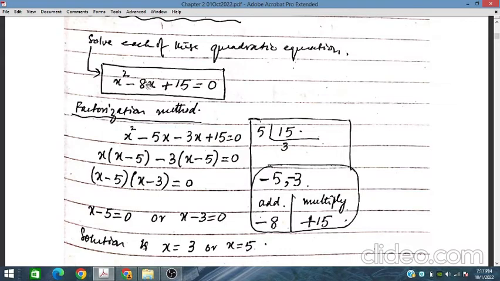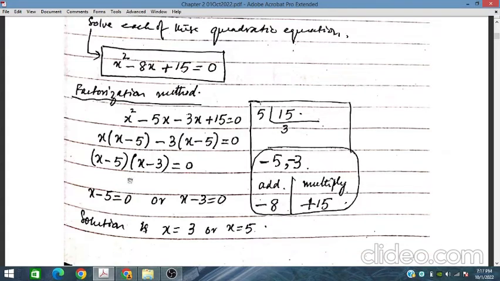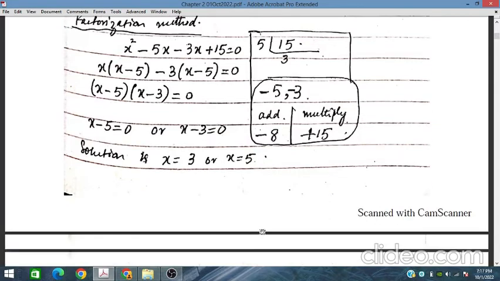So this 15 has to be divided such that when we multiply the two numbers we get 15, and when we add we get minus 8. There are two possibilities, 5 and 3, or minus 5 and minus 3. By addition we get minus 8, and by multiplication we get 15. This way we have obtained this, and by taking out the common factor we have obtained x is equal to 3 and y is equal to 5.